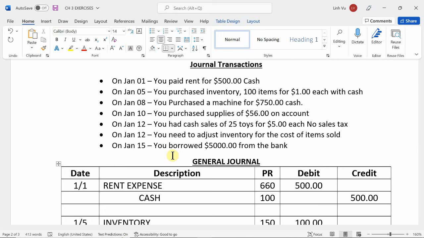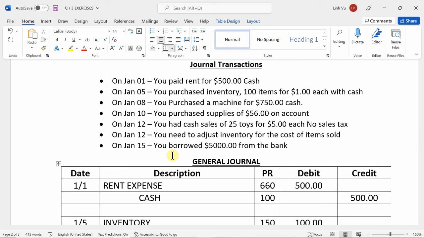No. So this cost of goods sold account is a way that we adjust our inventory, right? We'll talk about inventory in chapter 5 and chapter 7 and 8. So in this case, that's how we get rid of our inventory off of our books, because we need to transfer saying that we got rid of those items.